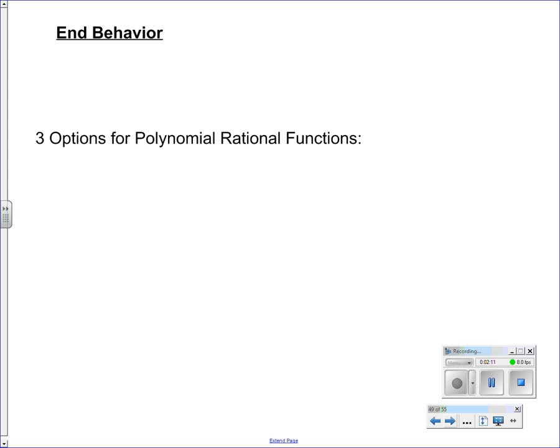So that's the first thing we do with these polynomial rational functions, is look at their end behavior. So end behavior means what is the function doing as x gets larger and larger and larger, x goes to infinity.